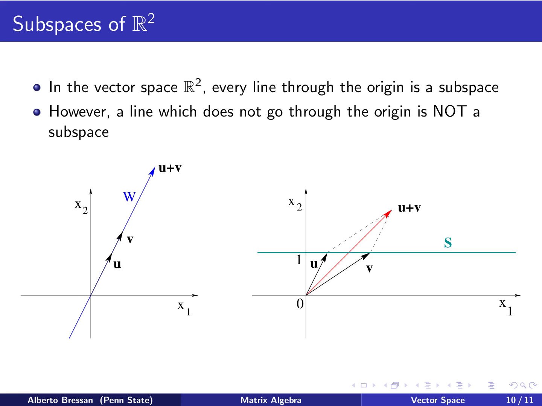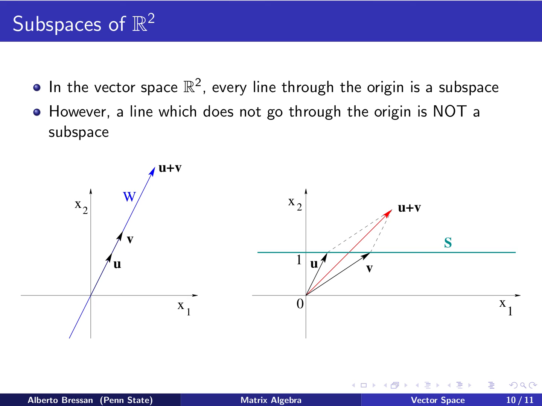If you have a u and a v, what is u plus v? You take u and continue with the same direction for length v, and it's still on the same line through the origin. And if you take a scalar multiple of u, you just rescale this vector, and it points in the same direction. Therefore, this is a subspace.